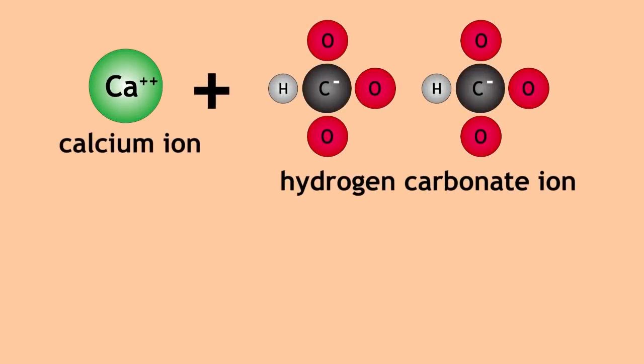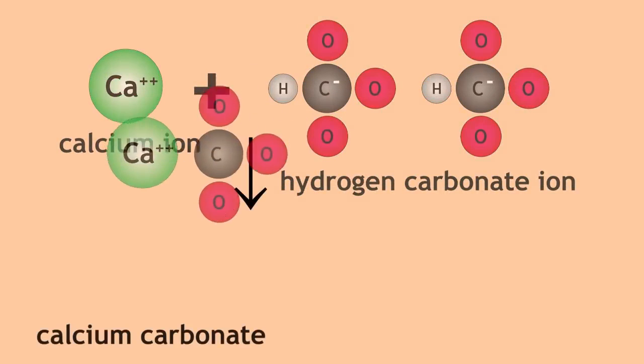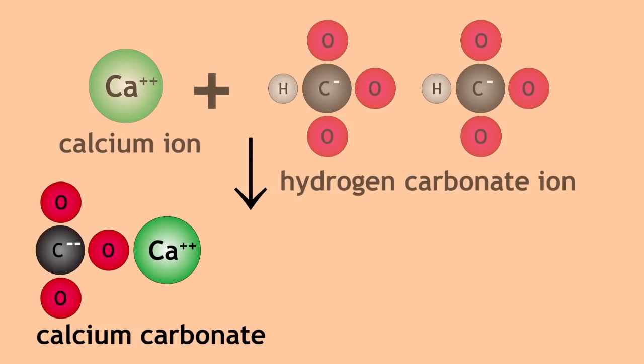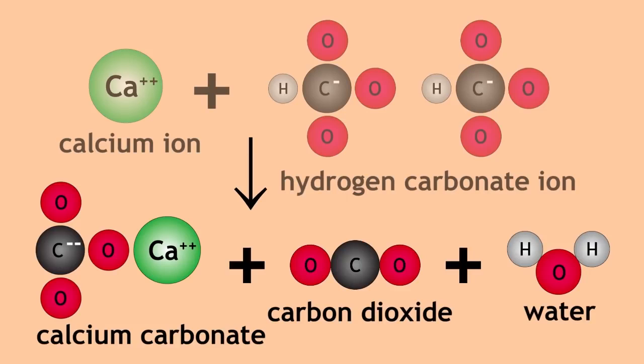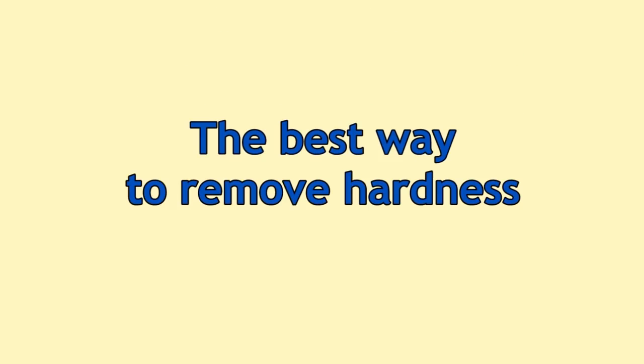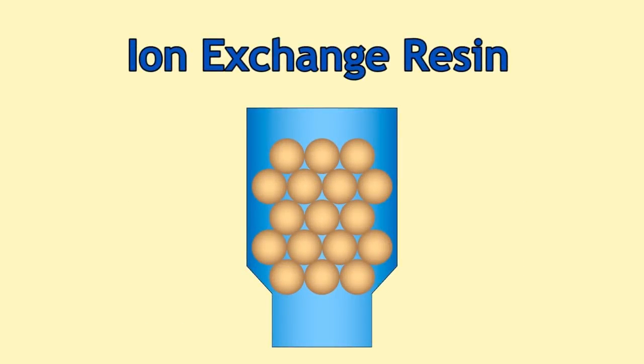Well, the answer is that the calcium hydrogen carbonate splits up into calcium carbonate, which is the lime scale, carbon dioxide, and water. The best way to remove hardness is actually to use something called an ion exchange resin.